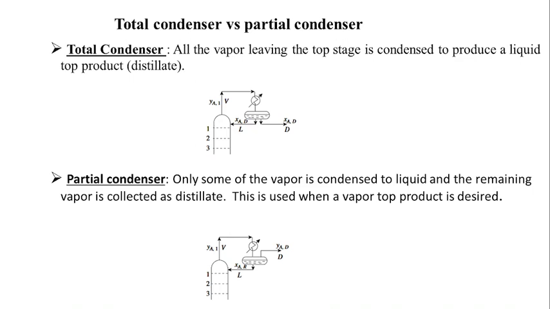When you have a partial condenser, and the McCabe-Thiele number of stages is 10, then the number of stages inside the column is going to be 8. One stage accounts for the reboiler and the other accounts for the partial condenser. Am I clear to all of you?